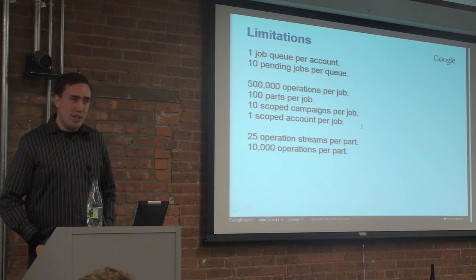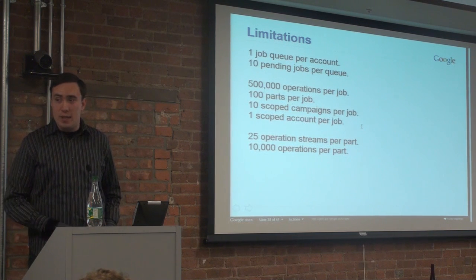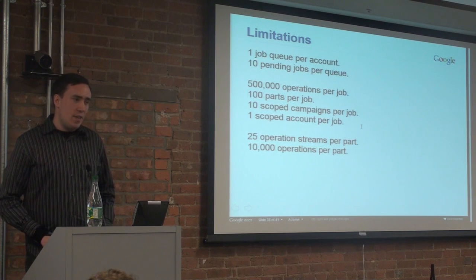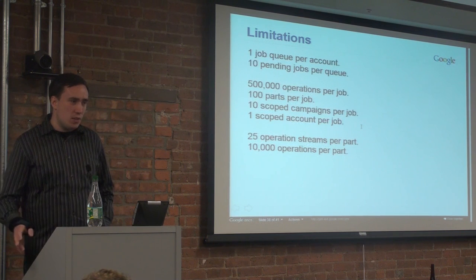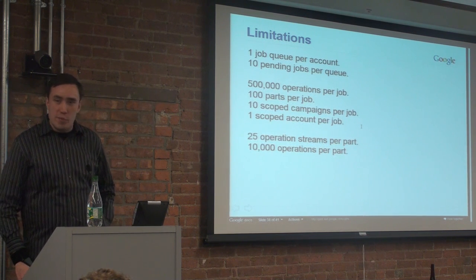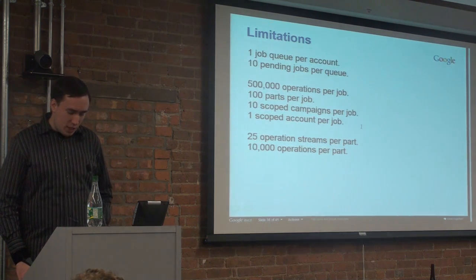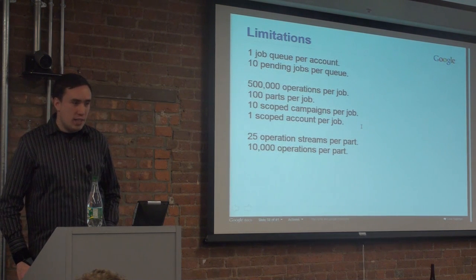So you currently can't create a job that affects a ton of campaigns at a time or multiple accounts at a time. You're limited to 10 campaigns and one account. I think the campaigns number is flexible. The account is obviously more of a cross-client thing, and I think it takes some bigger changes, but these are the initial numbers that we can launch. There are also limitations to how many streams you can have per part, how many operations per part, things like that.